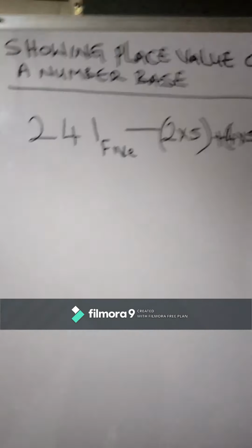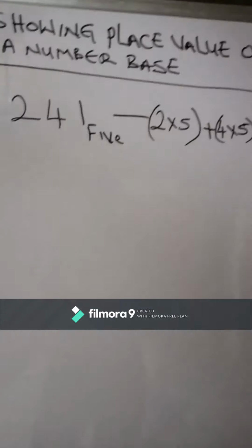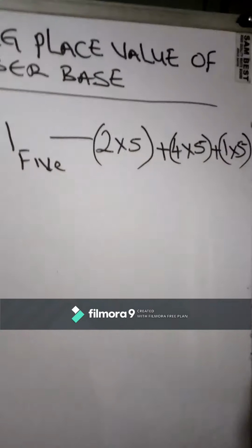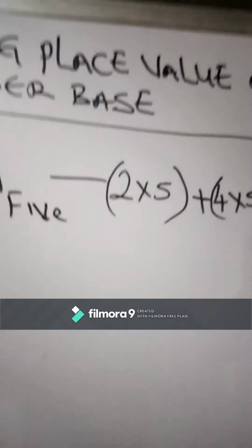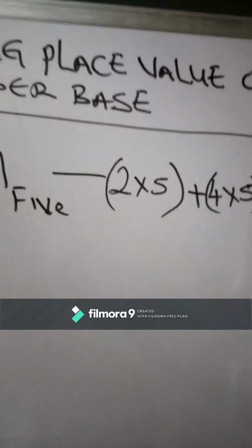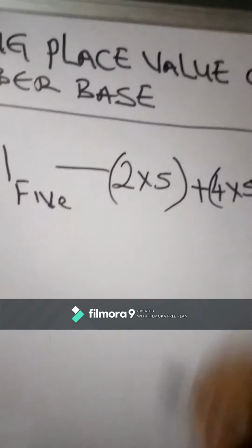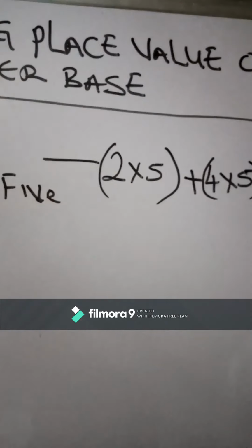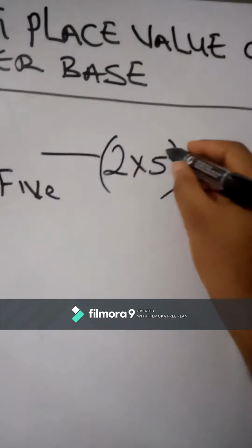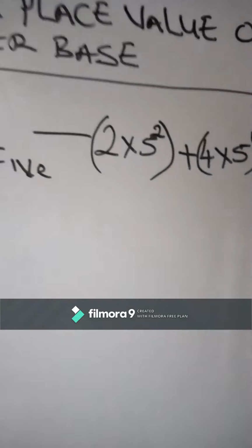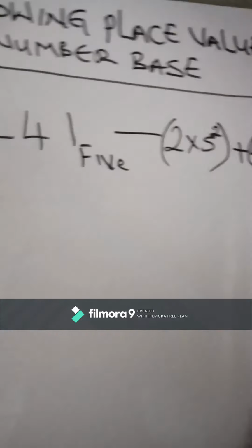Now I've written out all these numbers in powers of 5, but now let's introduce the power. You start from the back. 241, now you start from the back, 1. So you introduce this 5, you start from power of 0. So this one will carry power 0, this 5 will carry power 1, and then this 5 will carry power 2. That is how you number the bases.